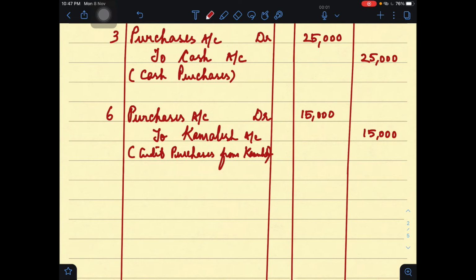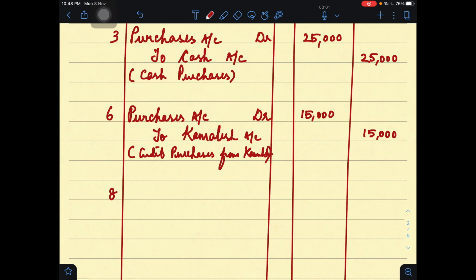Next one is a sale transaction on 8, sold goods for cash, rupees 28,000. This is a cash transaction because it says for cash. Opposite to purchases is sales. So you can make a guess.